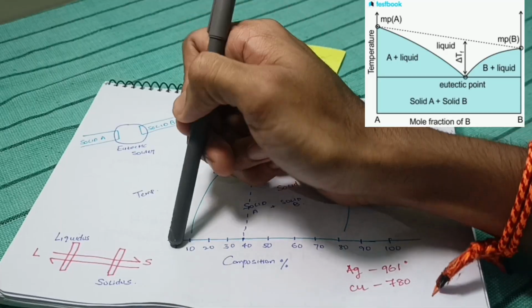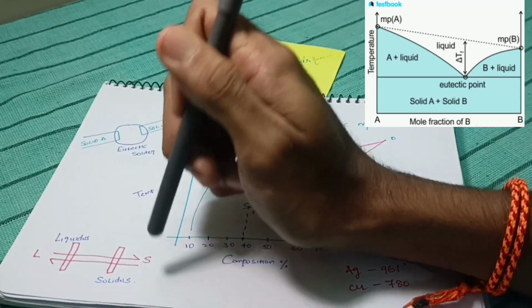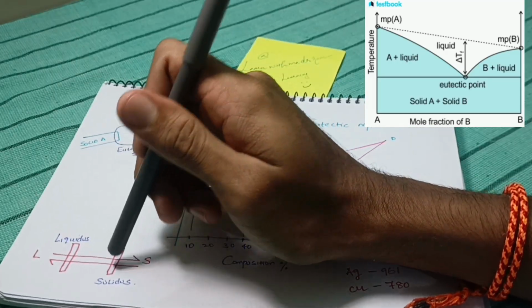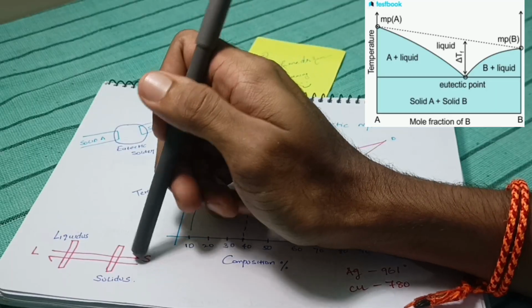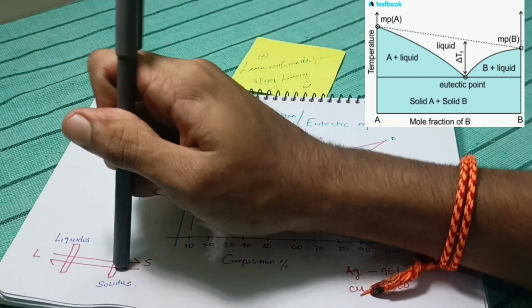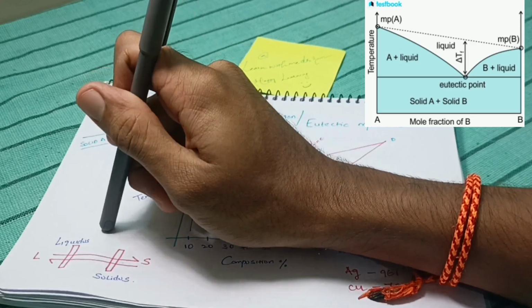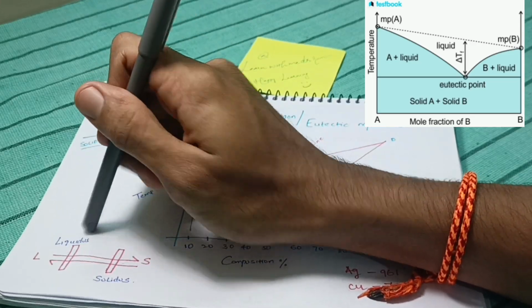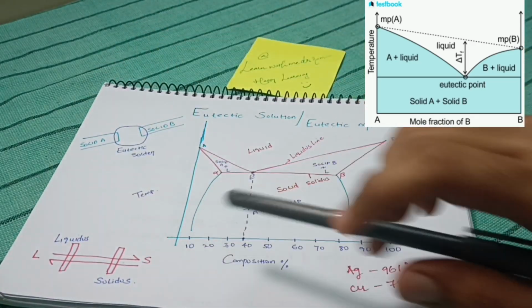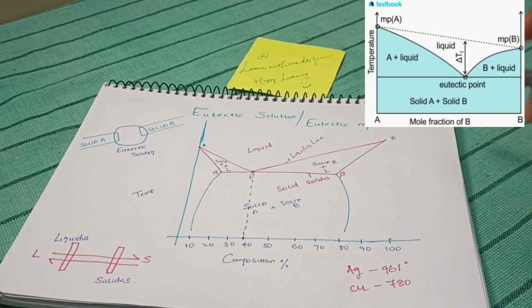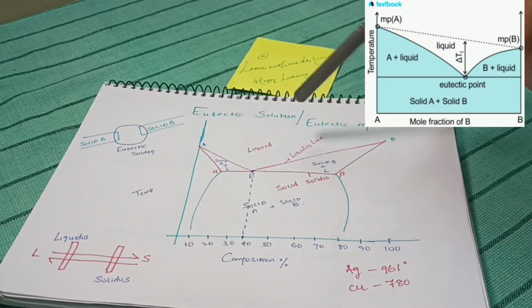For a solid, the first point where it changes to liquid is solidus, and the end point is liquidus. These two words are very important in this eutectic solution.